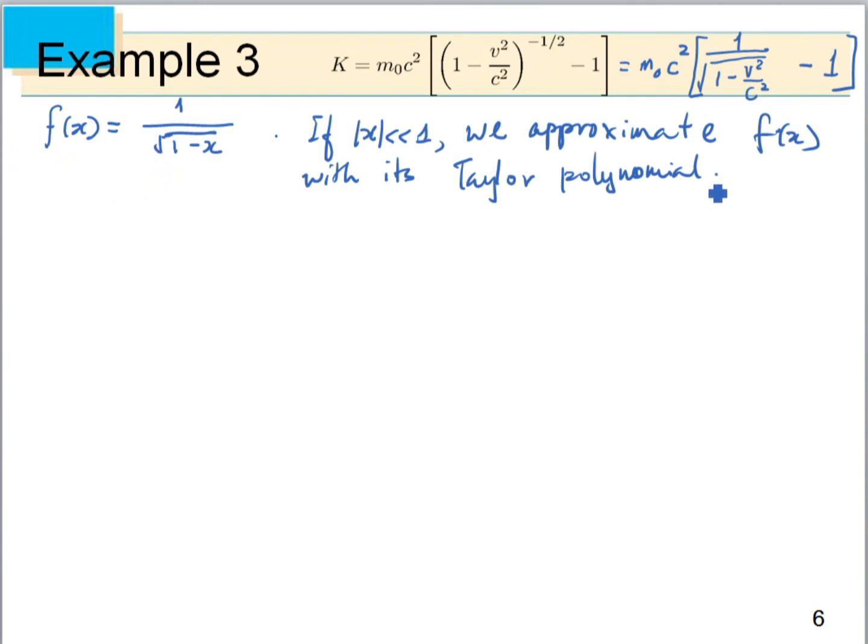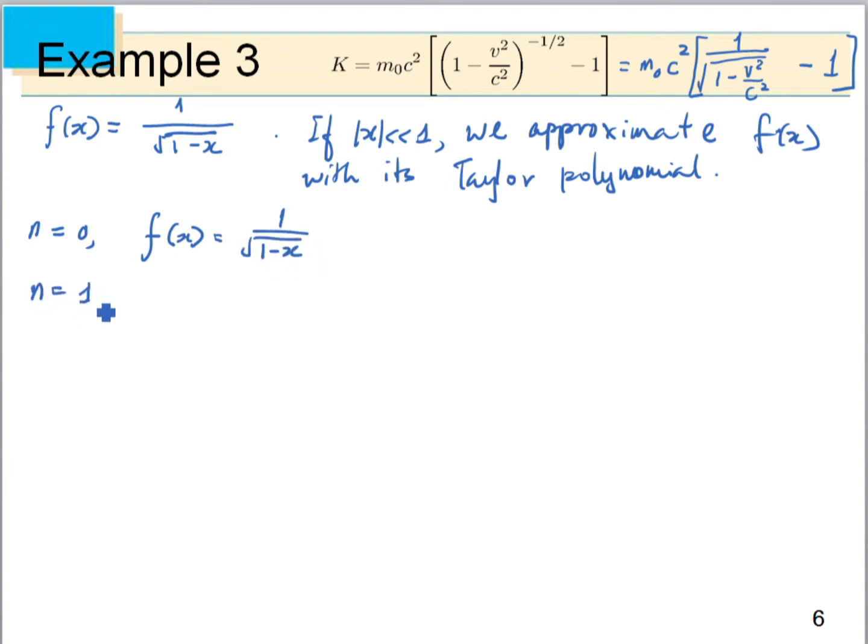In order to do this, we must first write out the Taylor series. So let's do what we usually do to get the Taylor series. For n equals 0, f of x is just f of x. Okay, I'm just repeating the function.